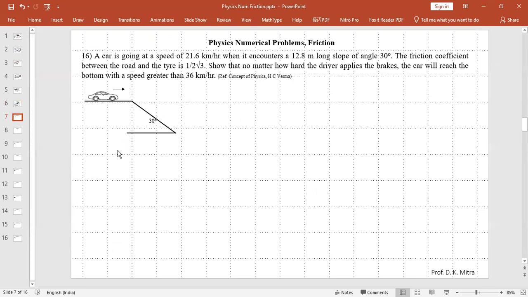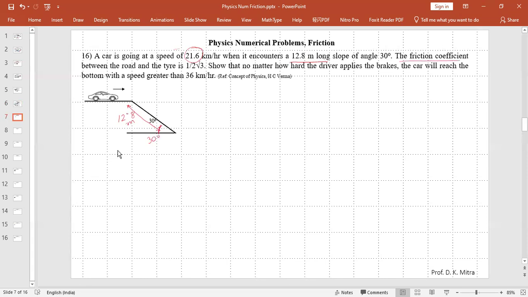Take another similar problem where a car is going at a speed of 21.6 kilometers per hour. It encounters a 12.8 meter long slope. That means this slope is 12.8 meter, with an angle of 30 degree.